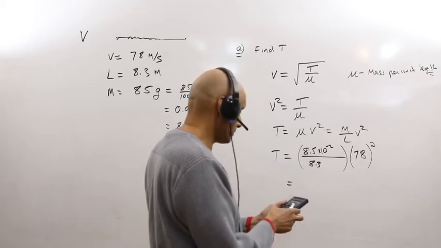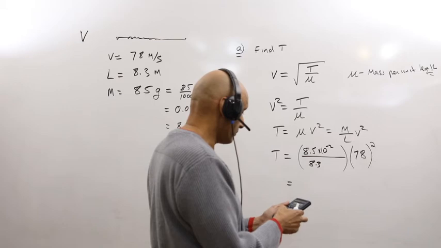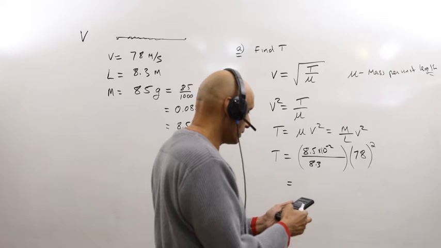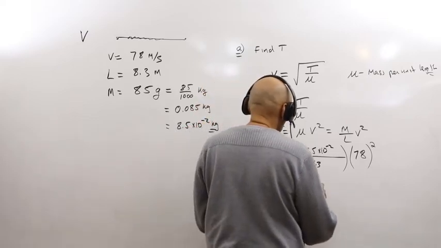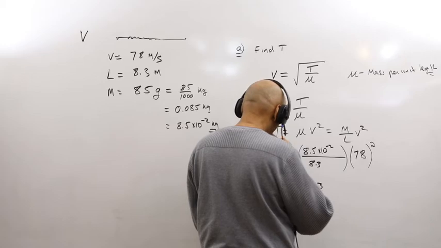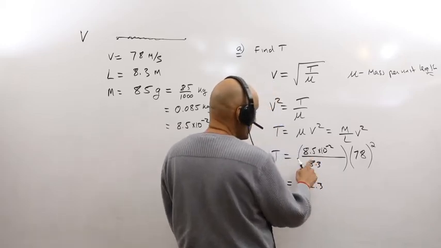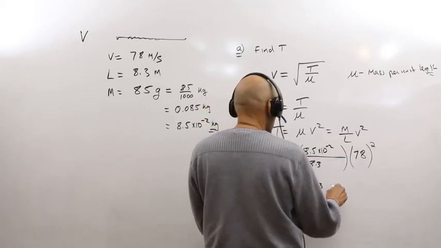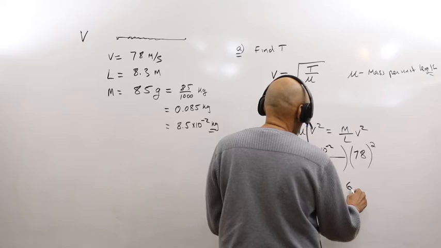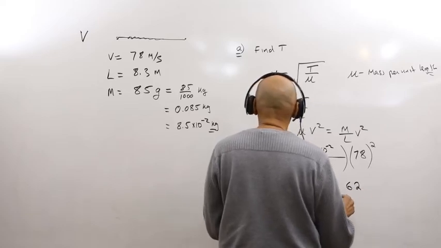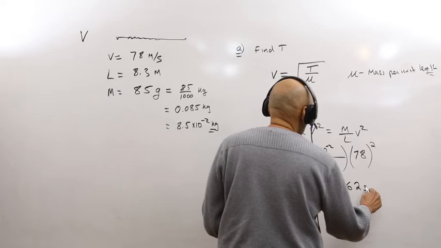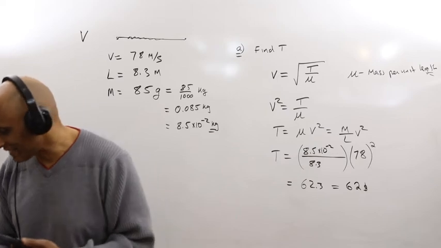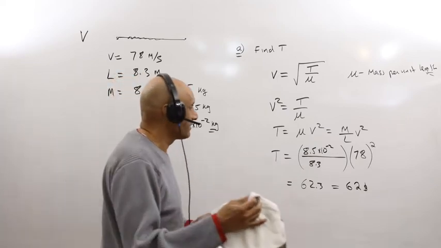So I get 62.3 in 3 significant digits, but those are dropped down to 2 significant digits because all the numbers have 2. So this is equal to 62 in standard units, newtons. I made a mistake there. I was thinking T was a time. It's not. It's actually tension. So newtons.